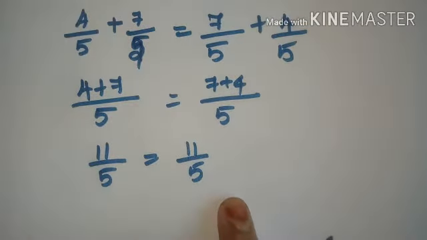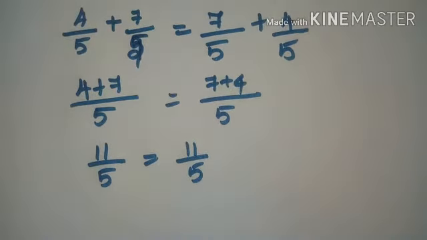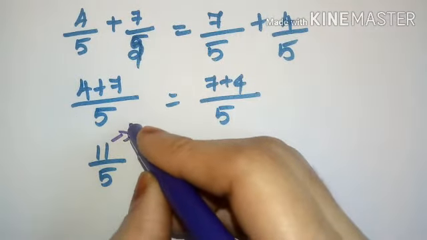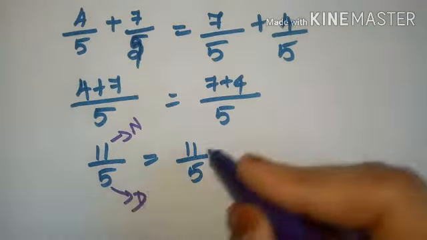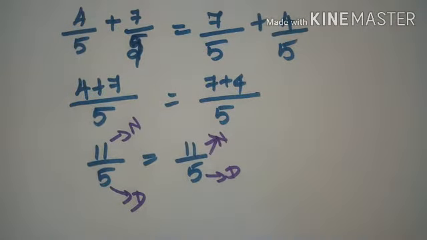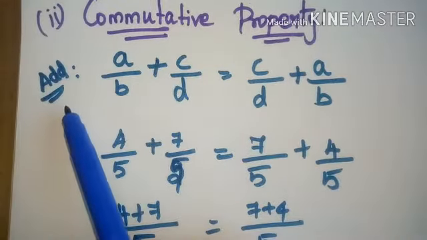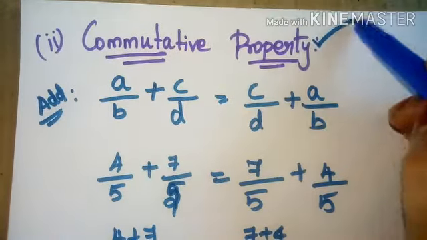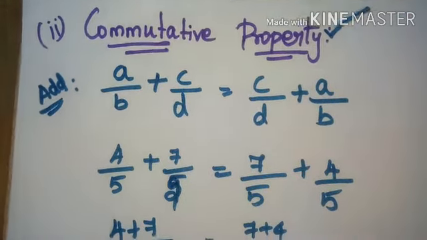Both are equal as well as both are fraction numbers, because we have one numerator and one denominator. So addition is satisfied in the commutative property of rational numbers.